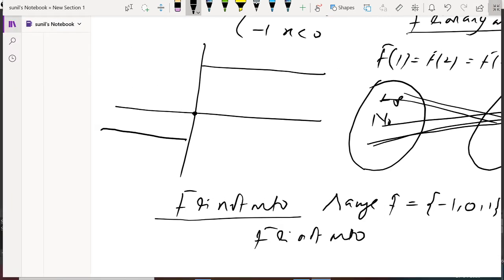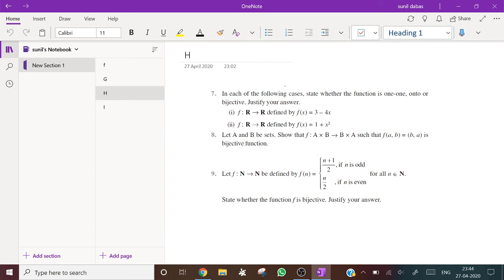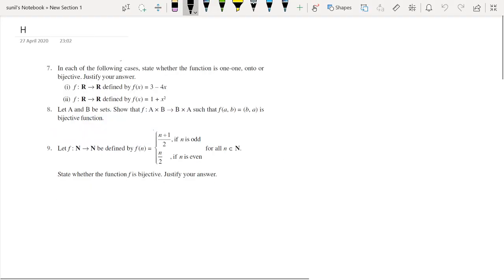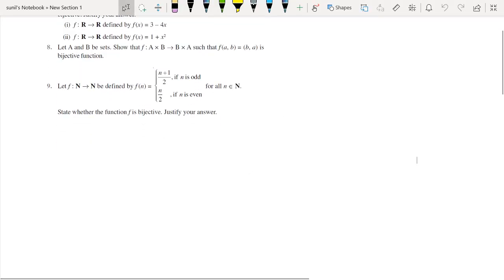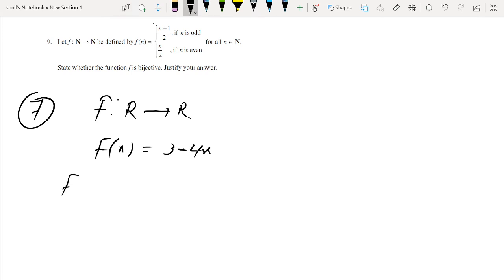Now see students, another question. Question number 7 is something like this. f from R to R, f(x) is equal to 3 minus 4x. So clearly f is both 1-1 and onto.